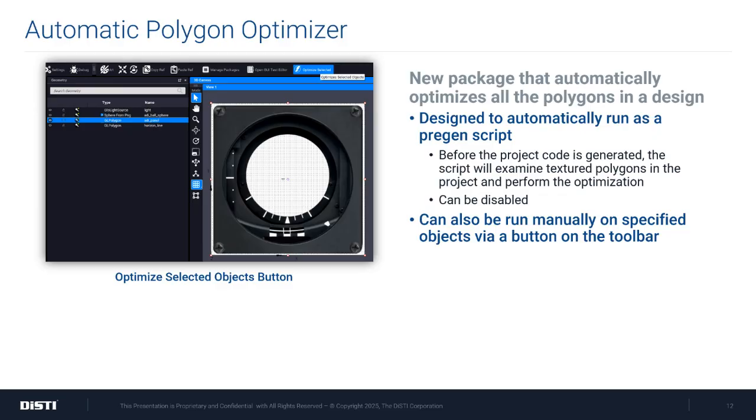The script is designed so that it can run automatically as a pre-gen script, meaning that before the project code is generated, the script will examine textured polygons in the project and perform the optimization. You do have the option of disabling the script if you choose, similar to other pre-gen scripts. Additionally, the script can also be run manually on specific selected objects by clicking this Optimize Selected button on the toolbar.